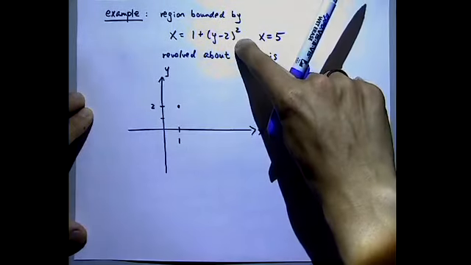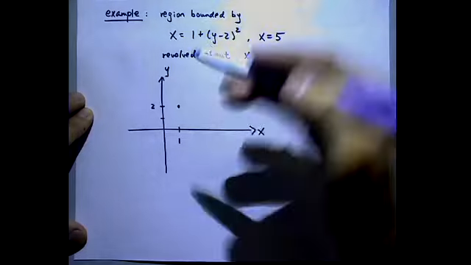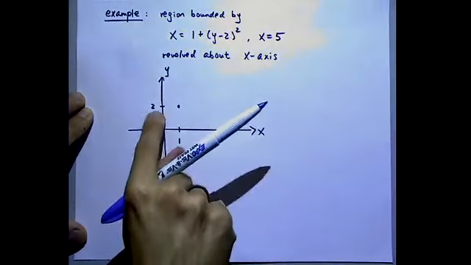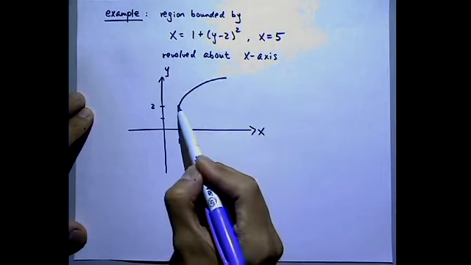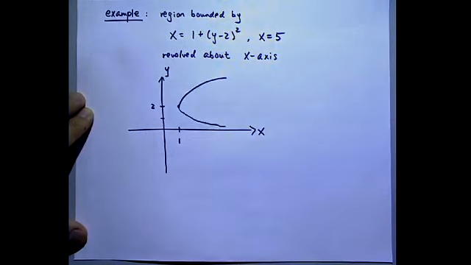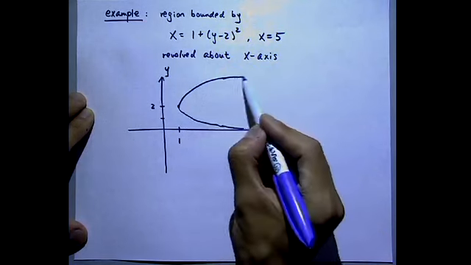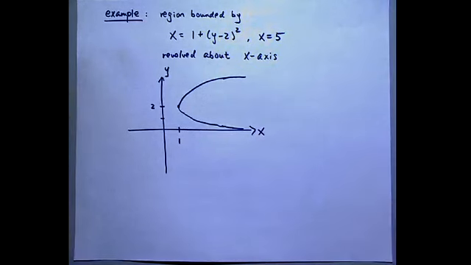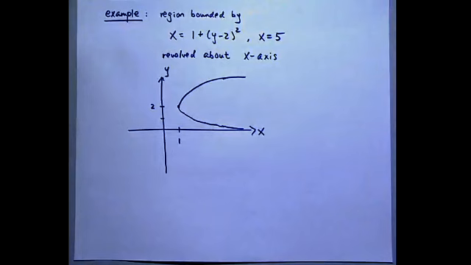The fact that it is squared means there's a symmetry up and down about this line. So here we go. Something like that. Okay? Parabola opening to the right, and we found out the vertex, so that's the good shape here.